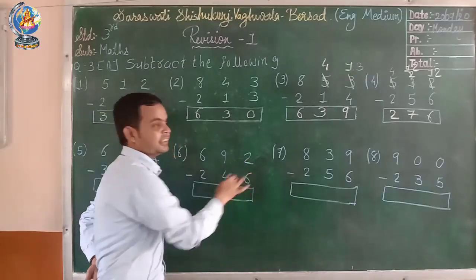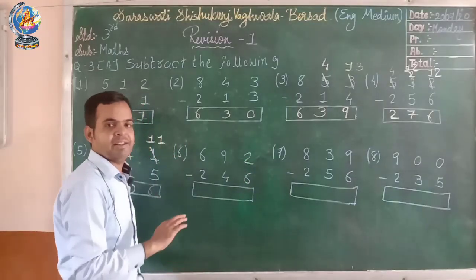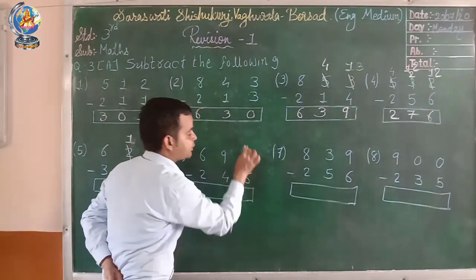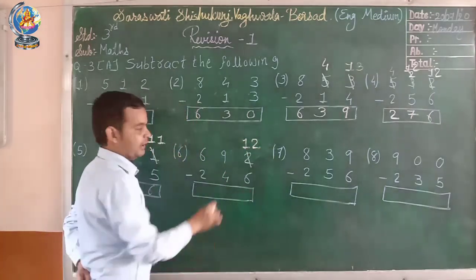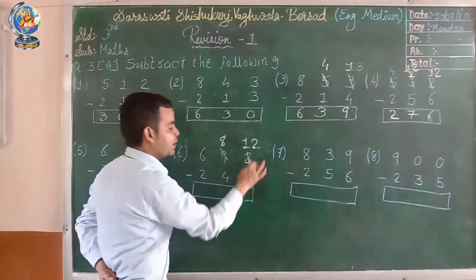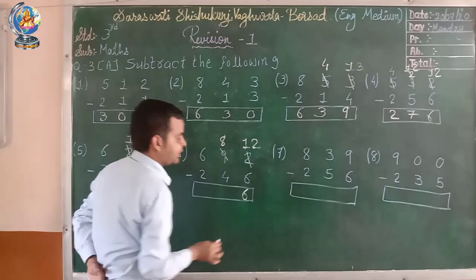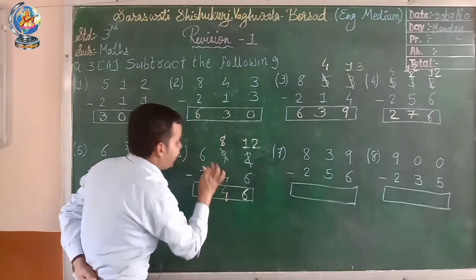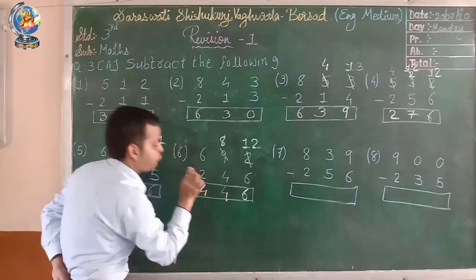Here 2 minus 6, possible? No. Why? Because 2 is smaller than 6, so we cut 2 and write 12, and cut 9 and write 8. 12 minus 6 is 6, 8 minus 4 is 4, and 6 minus 2 is 4.